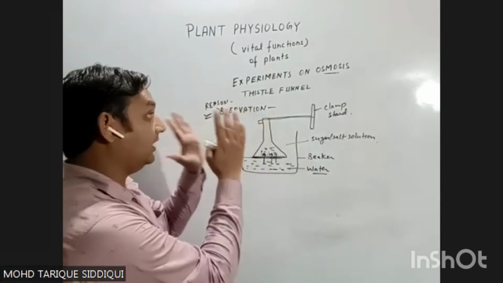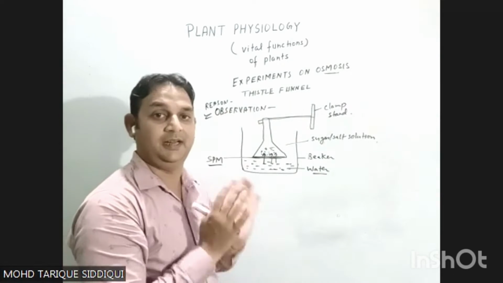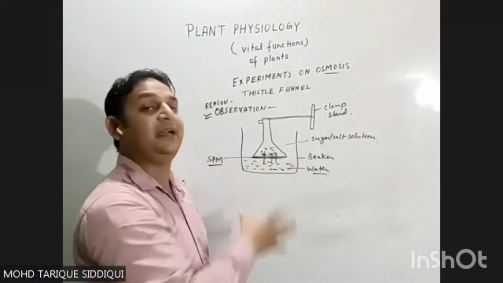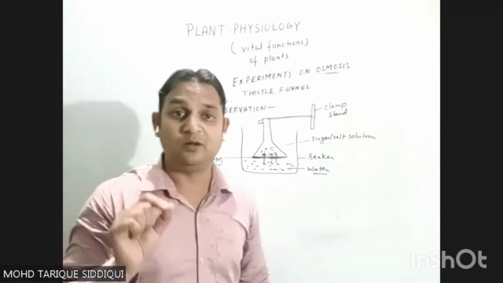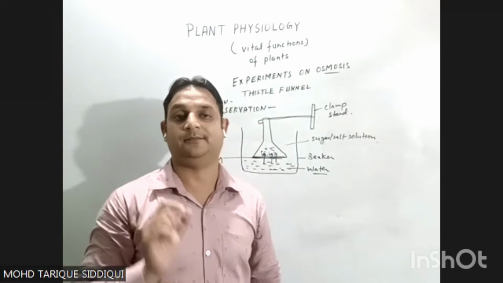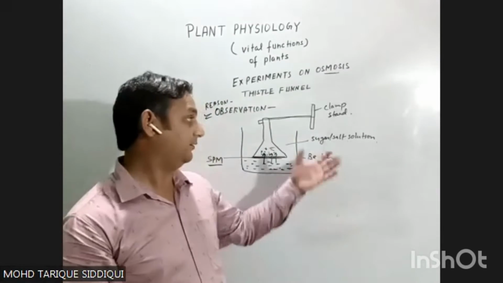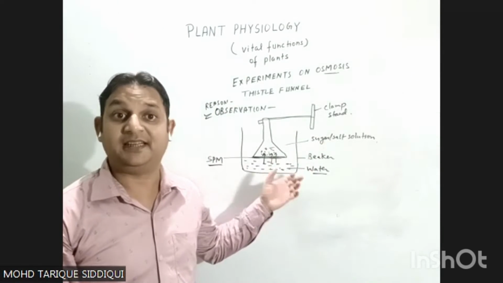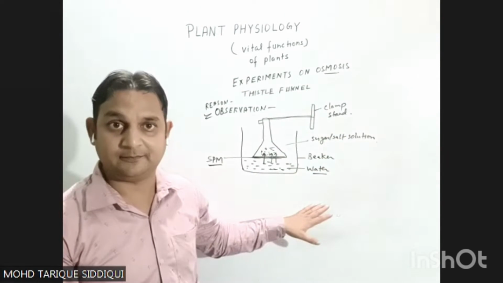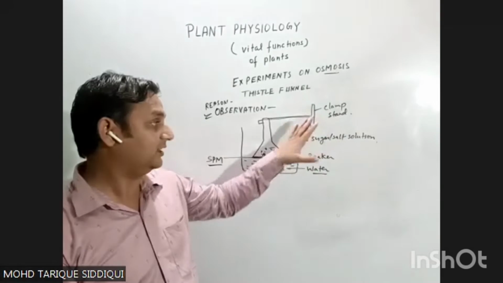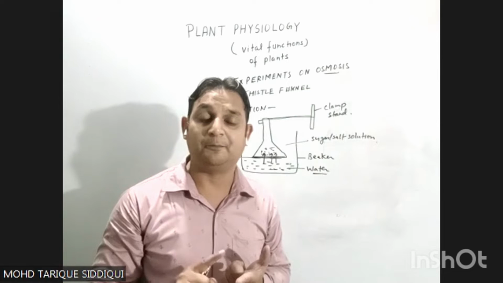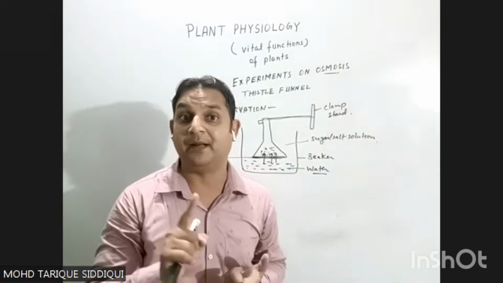Now, how does the board ask you the question? Here, the first thing, a diagram is given of an experimental setup to demonstrate a certain biological process in plants. This will be the diagram they will give you. This is the experimental setup.